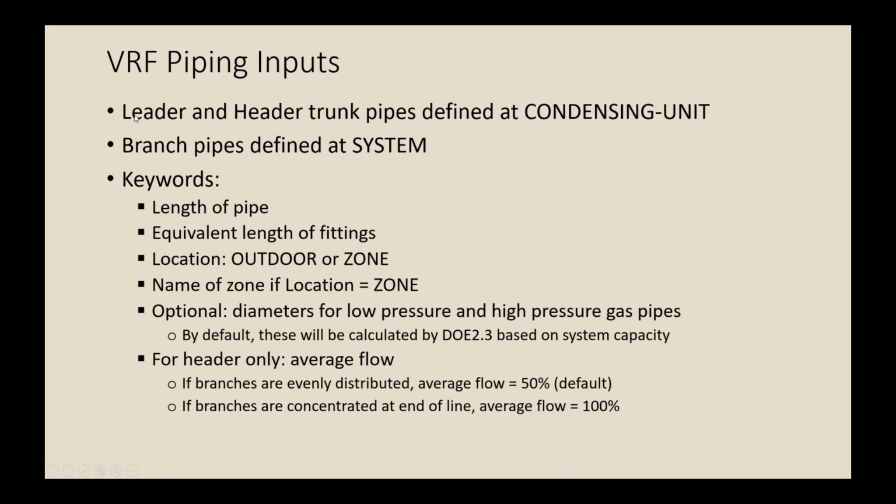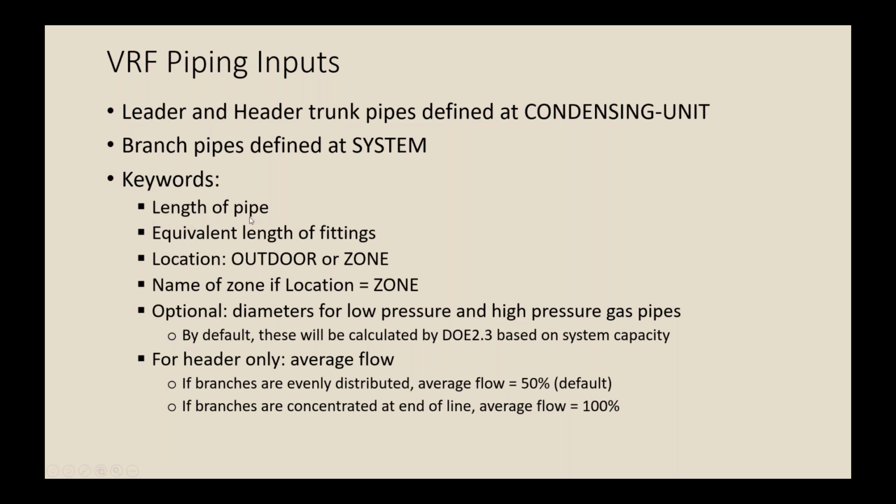So the leader and header pipes are defined at the condensing unit. So the condensing unit component in the model is where those are defined. The branch pipes are defined at the system. So each system can have its own characteristics for the branch pipes. And then each pipe has a group of keywords that relate to its performance.